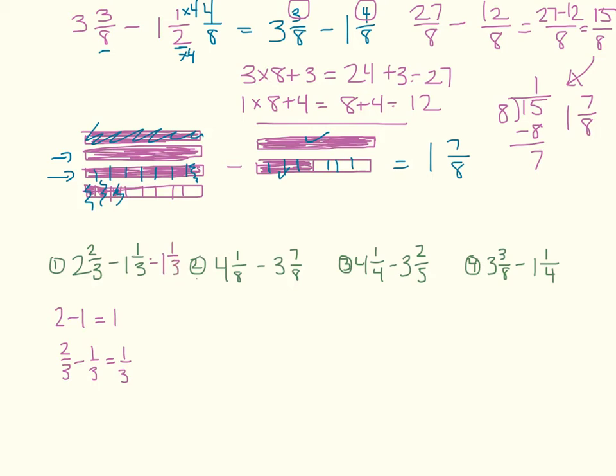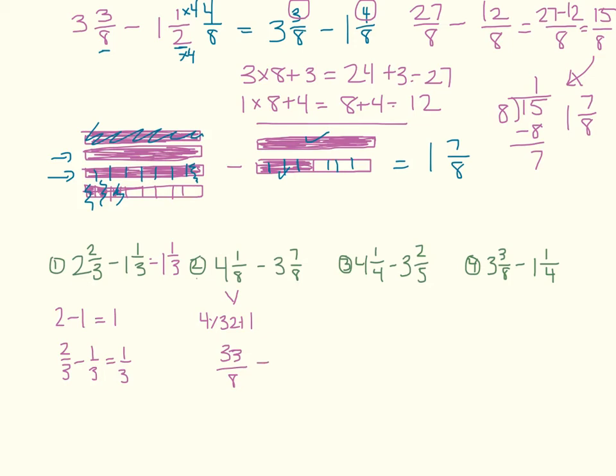With 4 1/8 minus 3 7/8, I'm going to need to regroup or turn this into an improper fraction. So this is going to become 4 times 8 equals 32, plus 1 equals 33. So this will be 33 over 8.